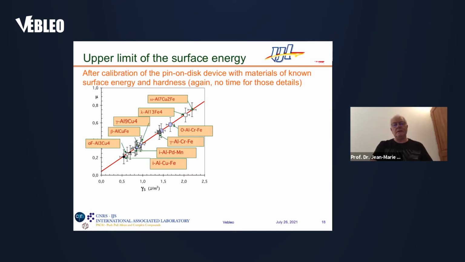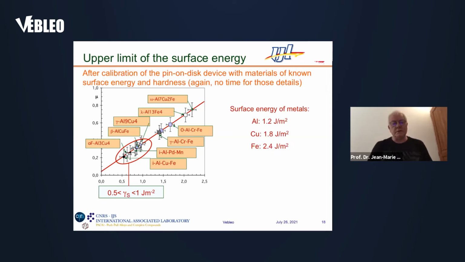So I can do this type of experiment with different materials of known surface energy and hardness, and with this calibrate the pin on disk device under vacuum, and using the same parameters with materials of unknown surface energy, I can correlate the friction to the surface energy and see that the surface energy of quasicrystalline materials is significantly below that of the constituents.